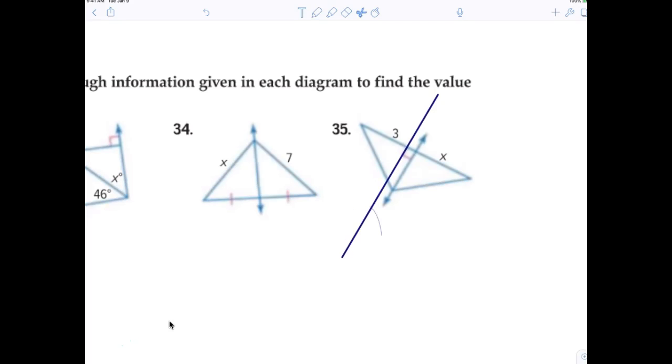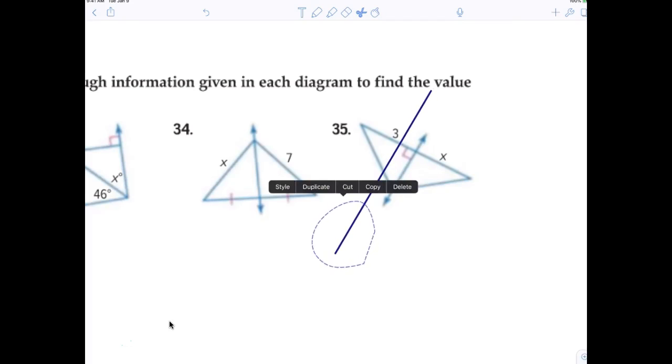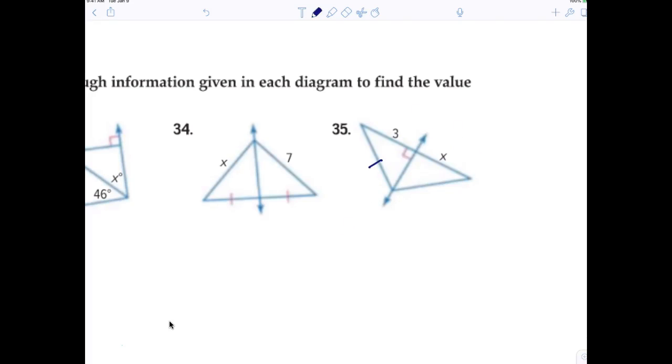So this is x. Are they equal now? Because it's perpendicular doesn't mean they're equal. What has to be true? As long as I tell you this is congruent to that.